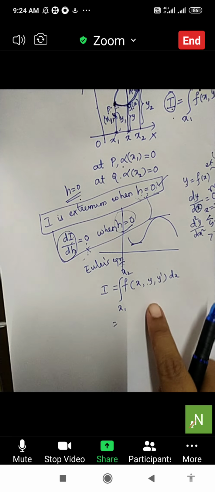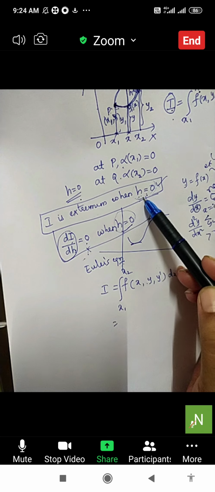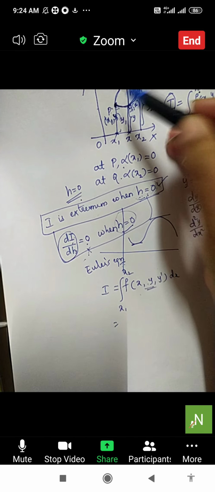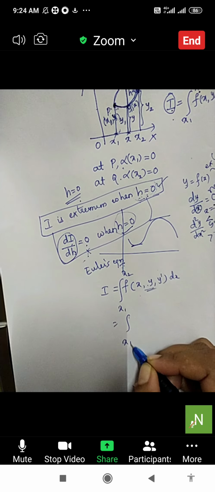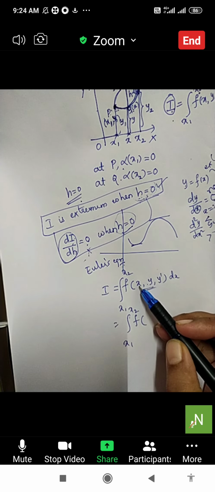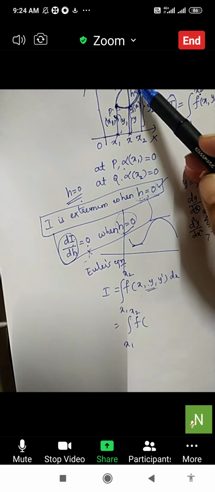No. Okay. That means we have to apply the same thing, because we have to use this condition. For this, we will use it for the neighboring curve. So see, now there is no change with the limits. Is there any change in x in the neighboring curve? In this neighboring curve, can you see any change in x?